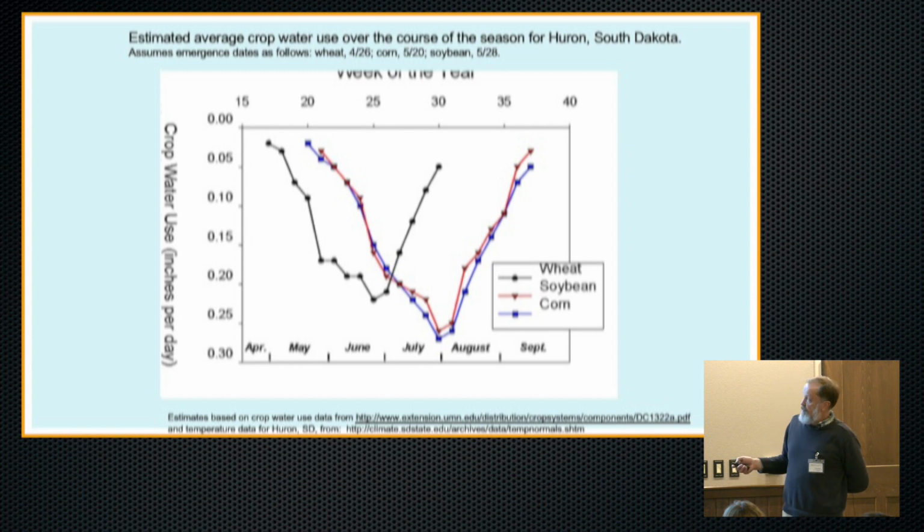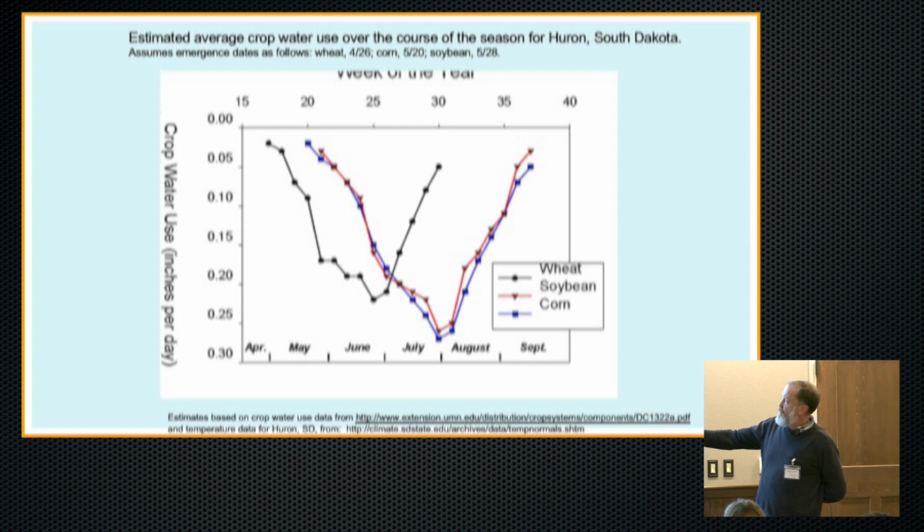So there's a couple points to consider here in terms of your water balance. One thing is, if you've got a small grain here, it's going to increase water use as the plant grows, and then also warmer temperatures in June, July, August are going to push water use.